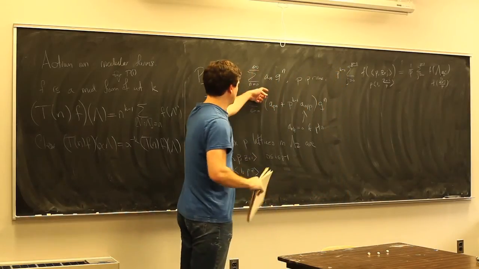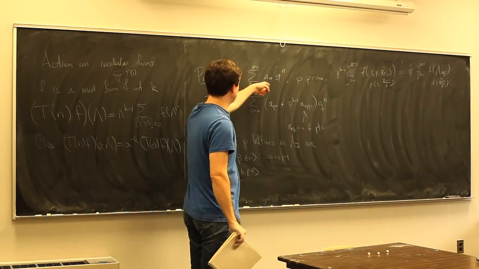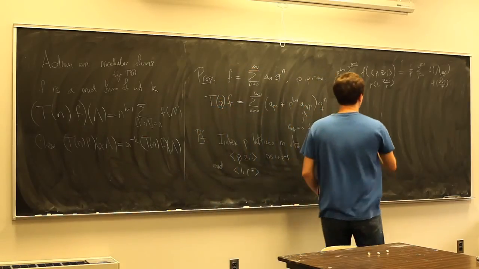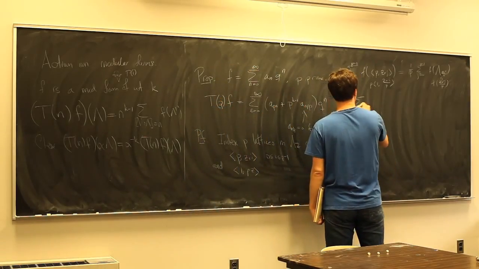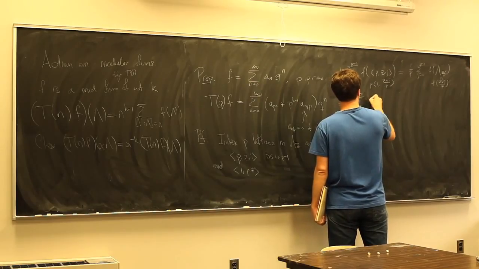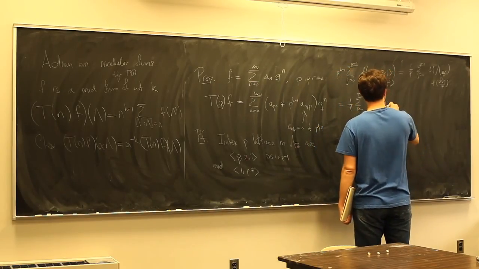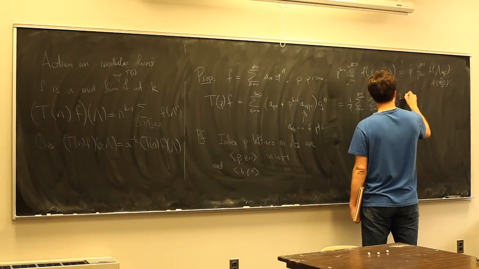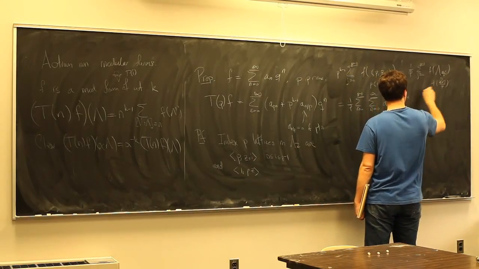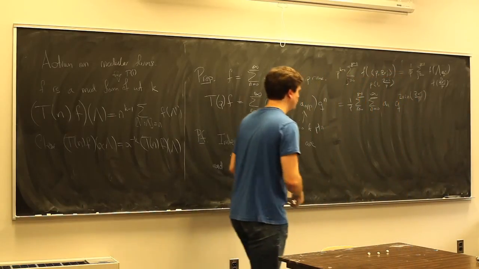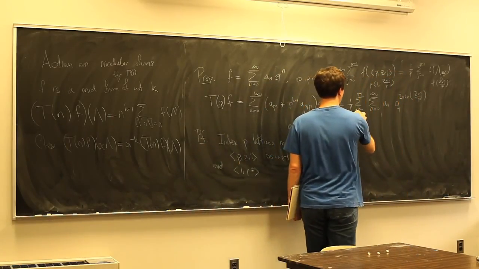And that's what this q-expansion is given, right? f of z is the sum of a_n q to the 2 pi i n z. So this is equal to 1 over p times the sum from j equals 0 to p minus 1 times the sum from n equals 0 to infinity of a_n e to the 2 pi i n times this. This is a j sum.